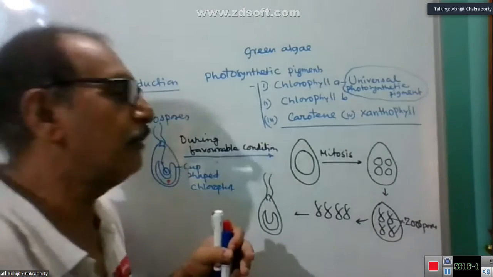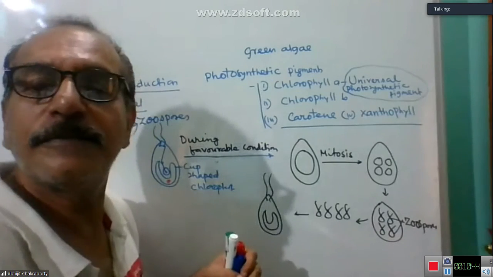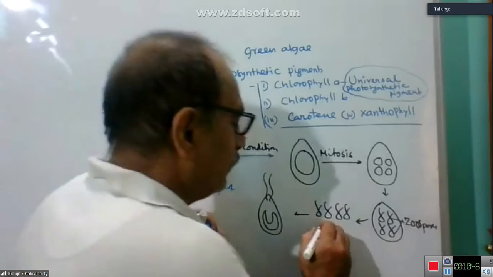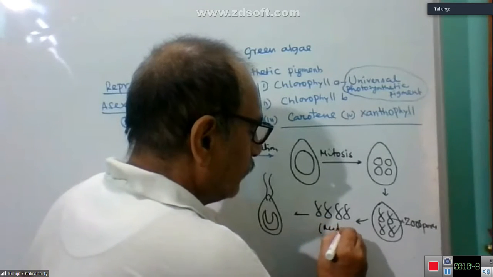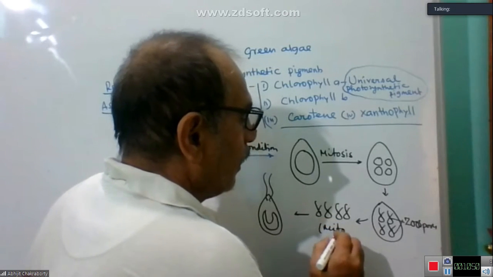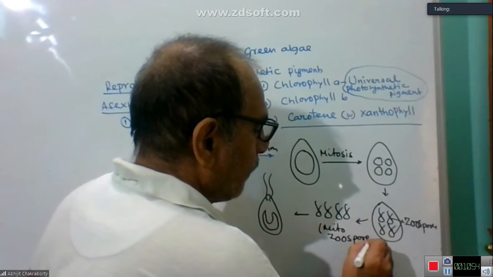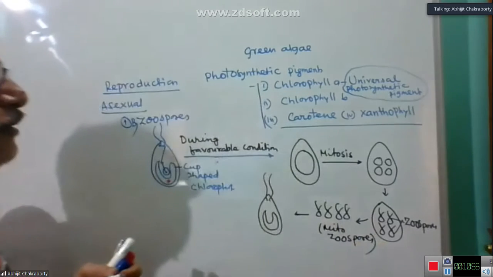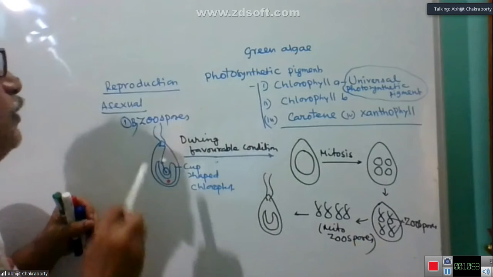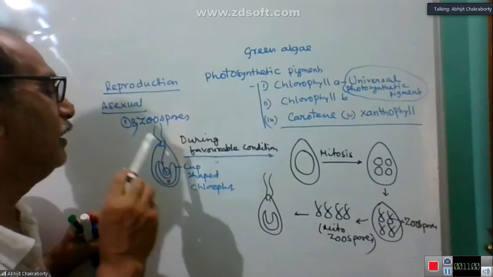As these zoospores are produced by means of mitosis, they are again called mitozoospores. So by zoospores, what happens here?